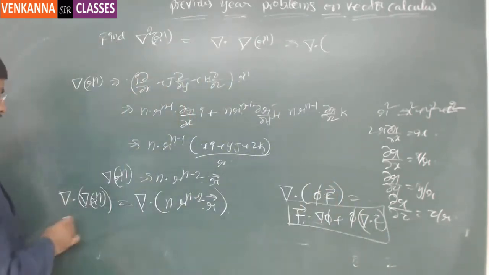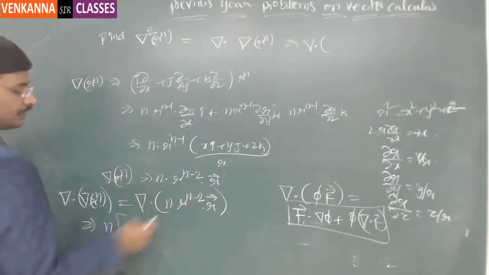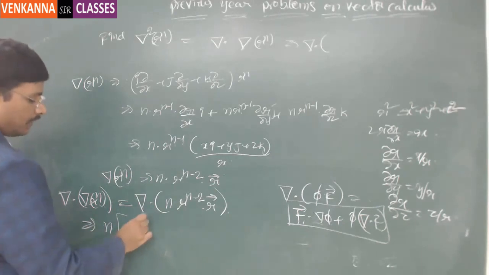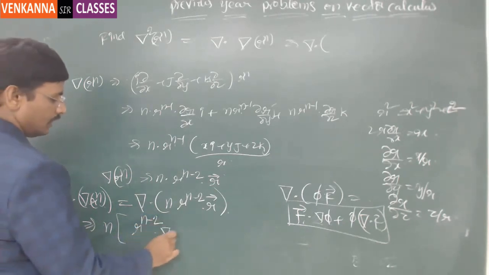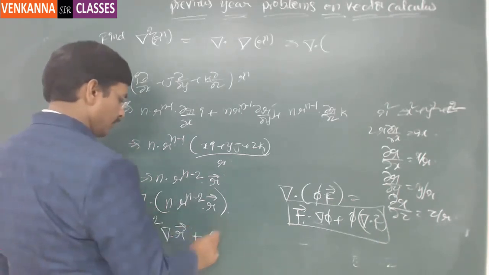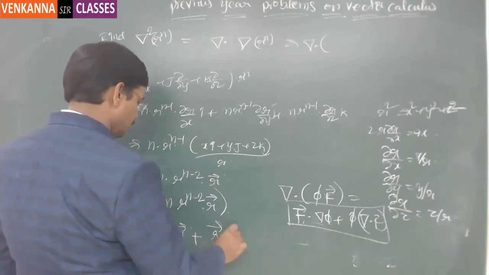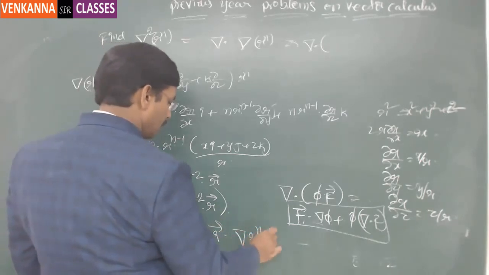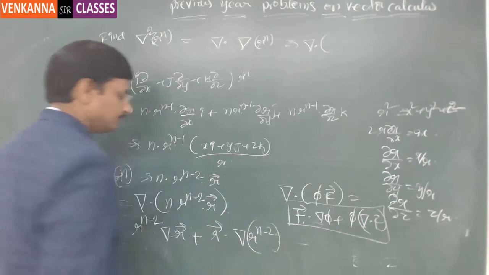Now this value, if you operate it, this is going to be, so n is a normal value, you can put it out, and then so r power n minus 2 into del dot r bar plus r bar dot del operated on r power n minus 2.